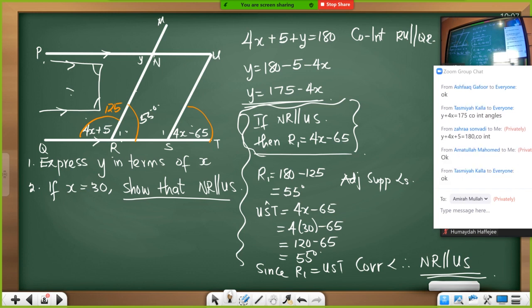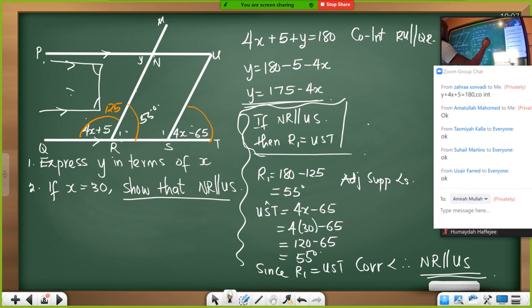So you start by using the condition: if they are parallel, then this guides you into proving what you want to prove, UST. Then R1 should be equal to UST. This is what will guide us into proving.